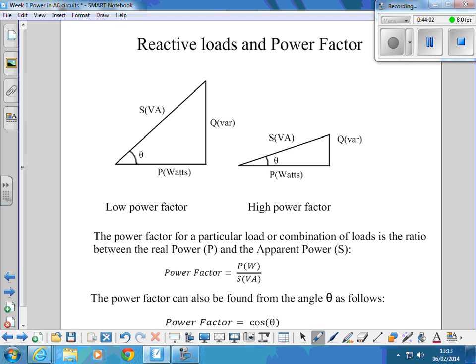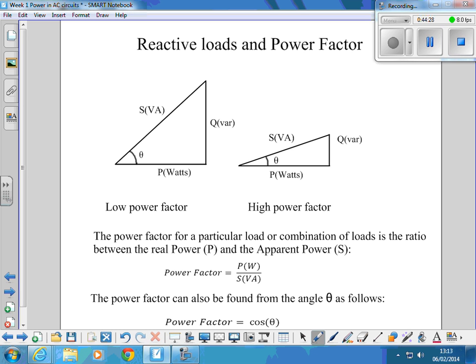Okay, so power factor is the ratio between the real power in watts and the apparent power in VA. It is the cosine of the angle theta. And if you look on some big distribution centers, they'll have a meter telling you what the cos theta is, or what the power factor is.